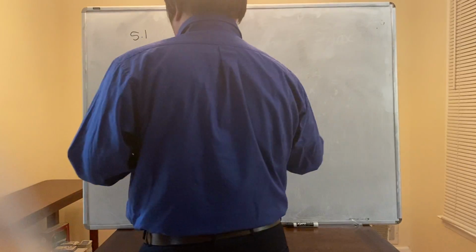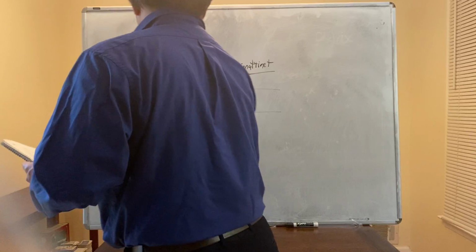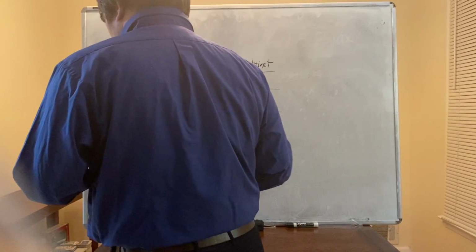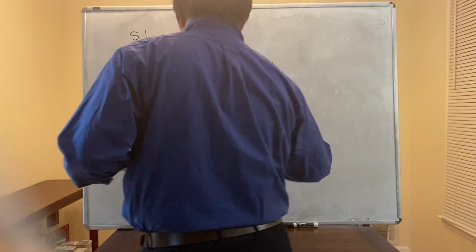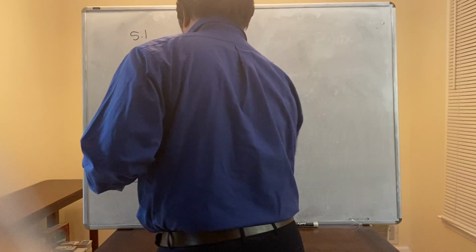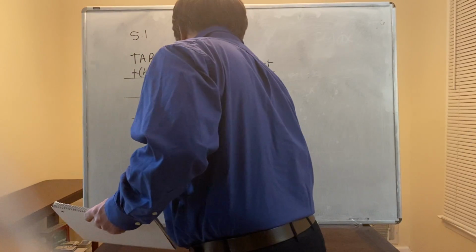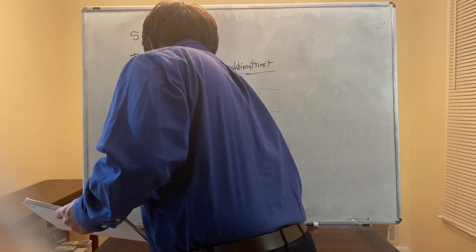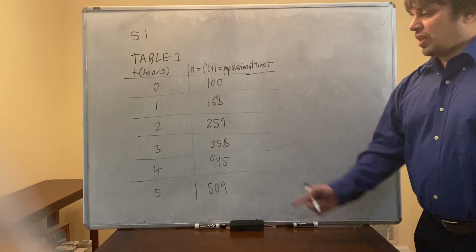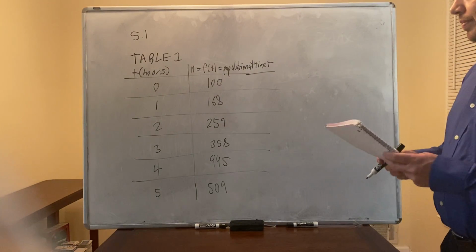At 1, the population is 168. At 2, it's 259. At 3, it's 358. At 4, it's 445. And then at 5, it's 509. Okay, so for each point in time, in hours, we have a population at that time.